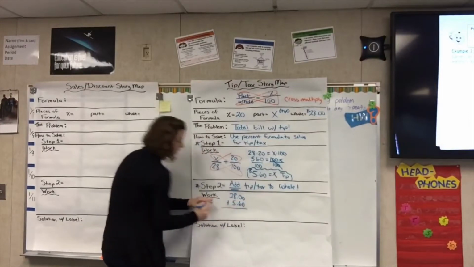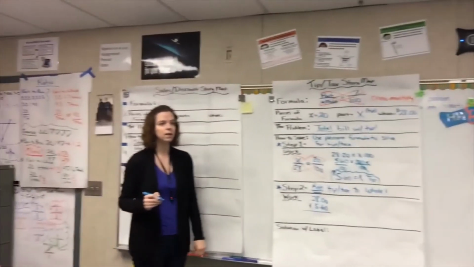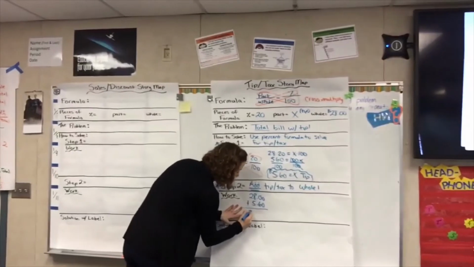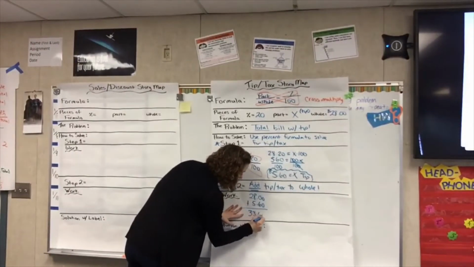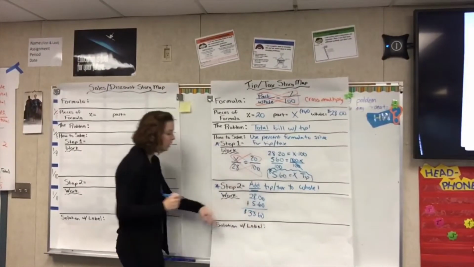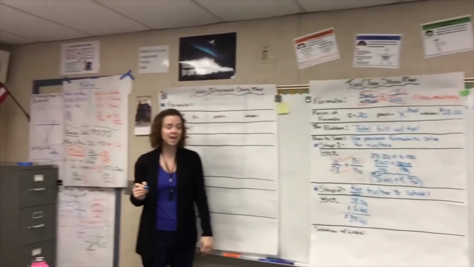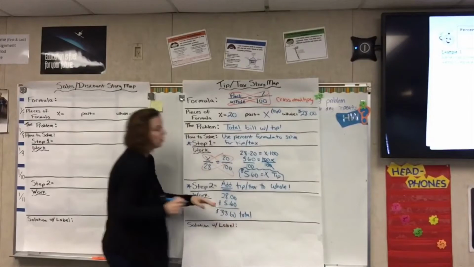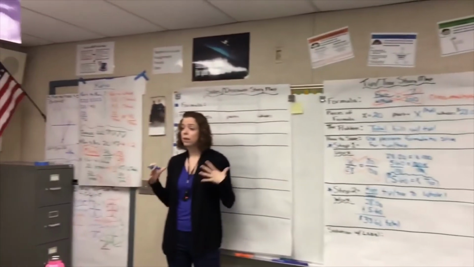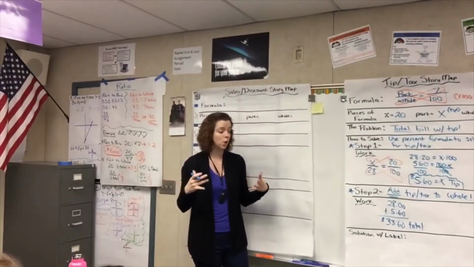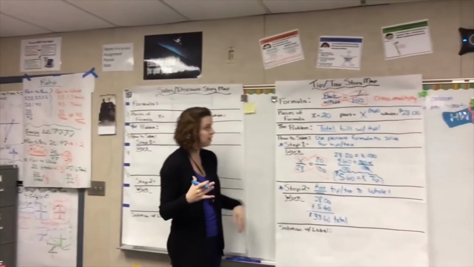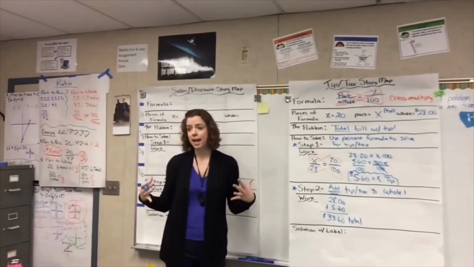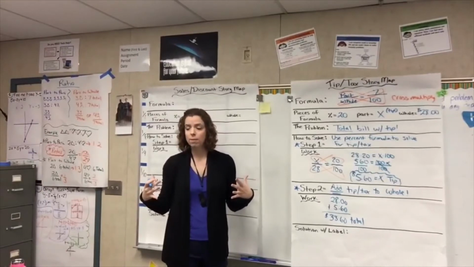$5.60. Well done. Did you get the answer? What did you get? 33.6. Nice. So $33.60. And this is for the total. Now, Miss Stewart really wants you guys labeling your answers well. So I'm going to write my solution here. Okay, what could I say with my answer?